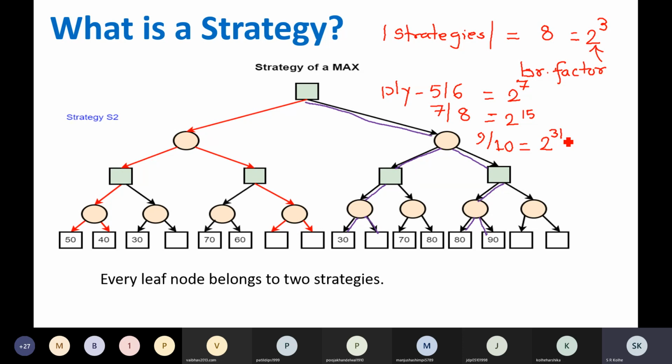So you will find out number of strategies increase quite large, 2 raised to 7, 2 raised to 15. These are very large numbers. But fortunately, we need not enumerate all of these strategies, as in case of minimax algorithm.